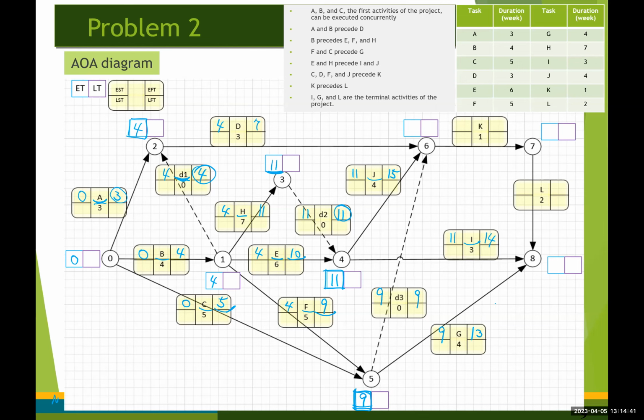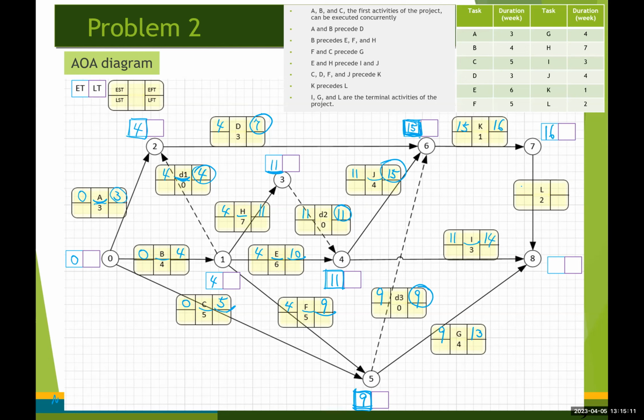What else? Okay, now we move on to event number 6. And the earliest time for event number 6 is going to be the largest value between 9, 15, and 7. So it's going to be 15, right? And then 15 plus 1, 16, right?